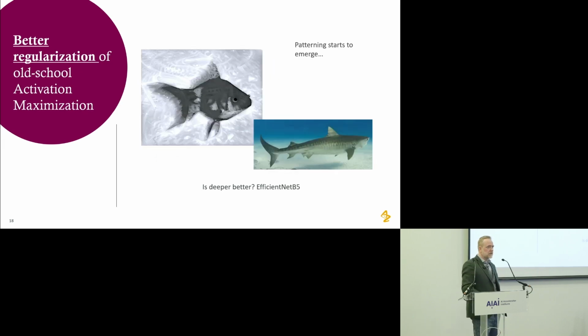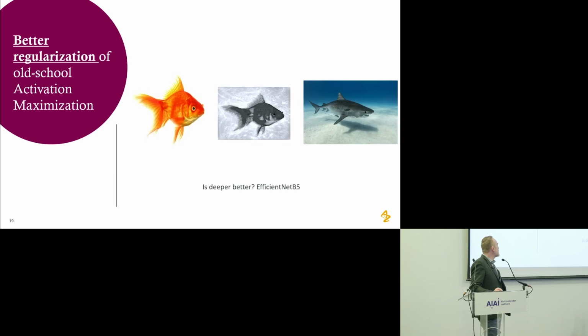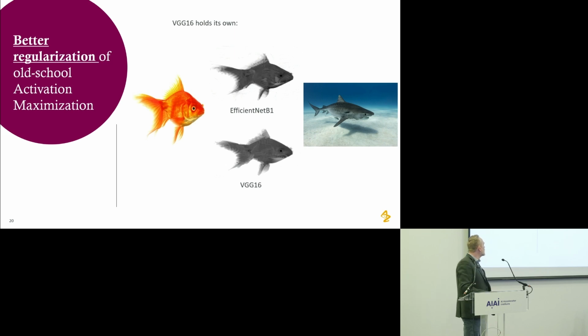Tiger sharks are spotty, not stripy. I assumed they would be stripy. So deeper is better in some ways. We start to see more texture, more fidelity in the details that it generates when it's counterfactually explaining things. So I like EfficientNets now, and I'm sticking to B5s usually.